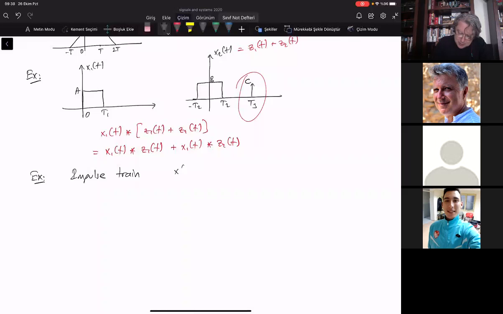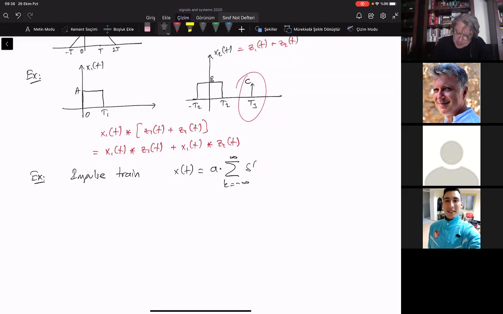It is x of t is equal to a, that's the scale of the individual impulses. And this is a periodic signal with infinitely many impulses. K from minus infinity to infinity. It may be a finite train too. Then K would start from some integer index, and end at another integer index, but it may be an infinite impulse train.